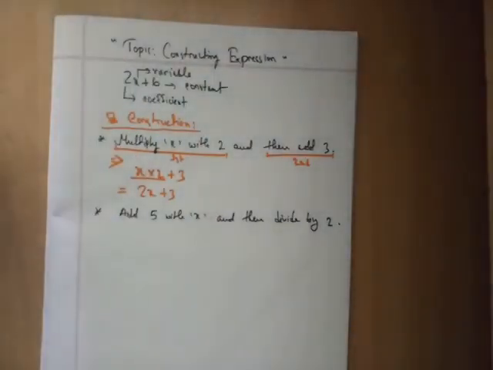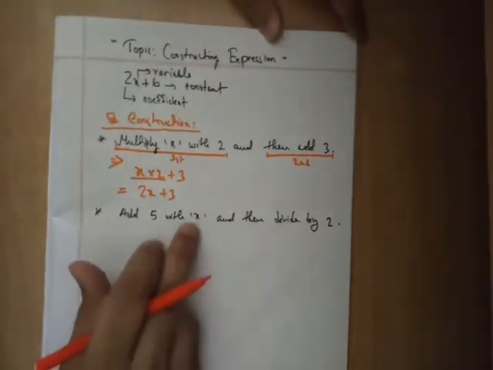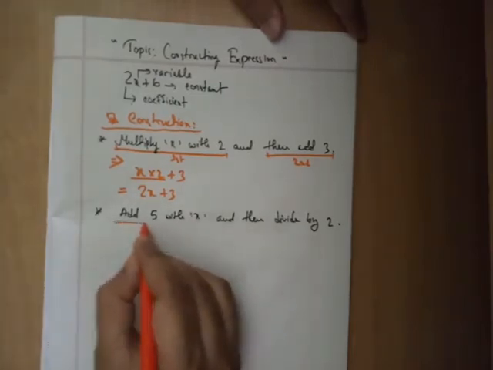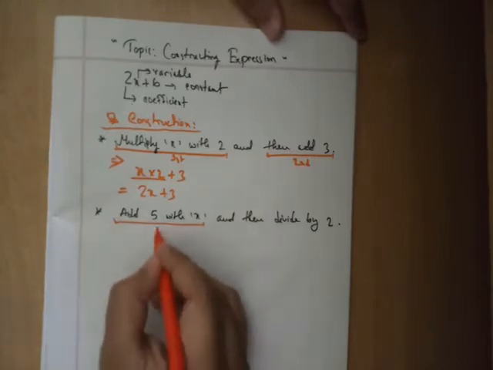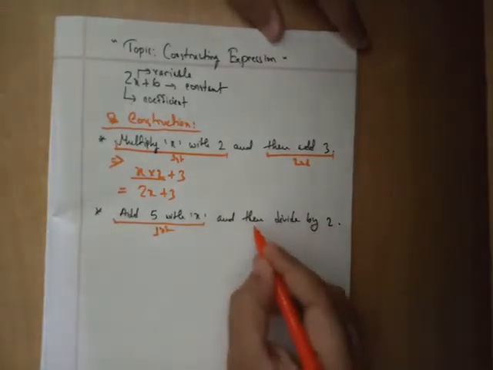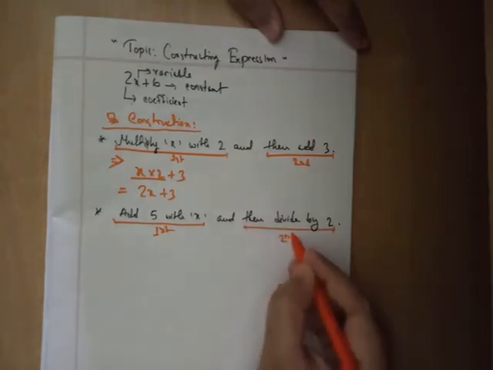Okay, so now I need to understand what is my first task and what is my second task. So first of all, I have got the variable x here. What is my first task? Add 5 with x. This is my first task. And then divide by 2. This is my second part of the answer.